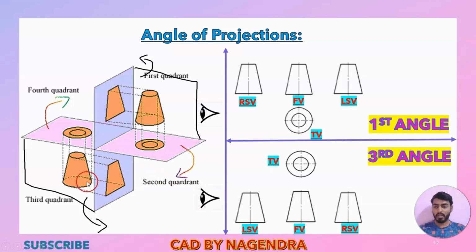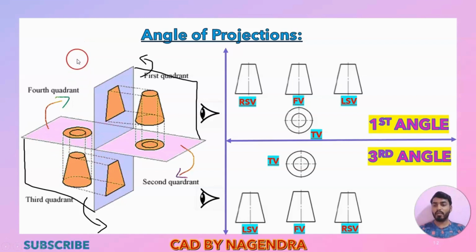So here the object is in the third quadrant. We are looking from this side and we are looking at this object through this projection plane. So this is a transparent plane. We can see through it, and whatever the actual shape of the object, it will be projected onto this vertical plane. Then again, if you are looking from top, here also we have a transparent plane.